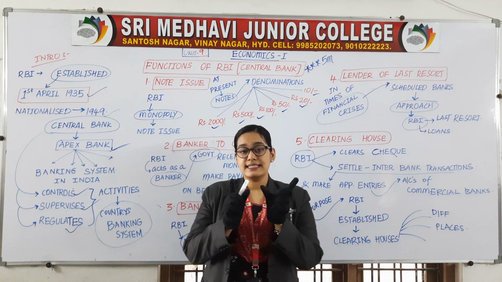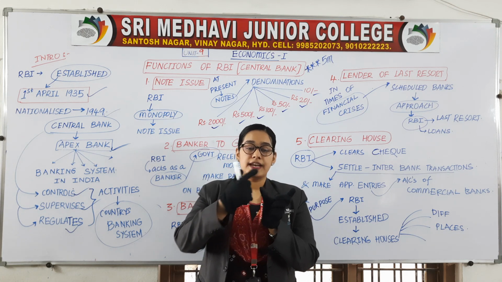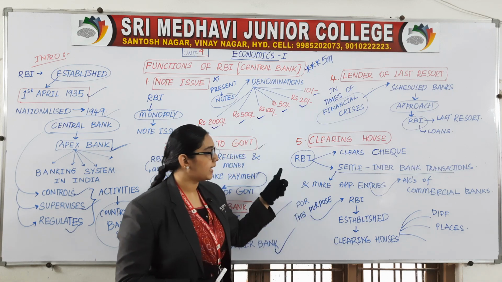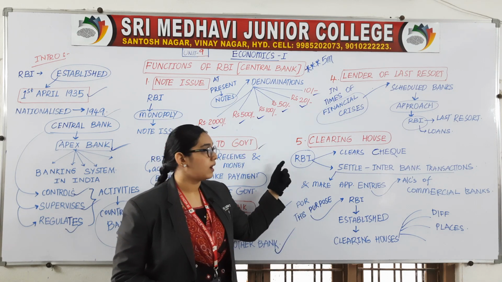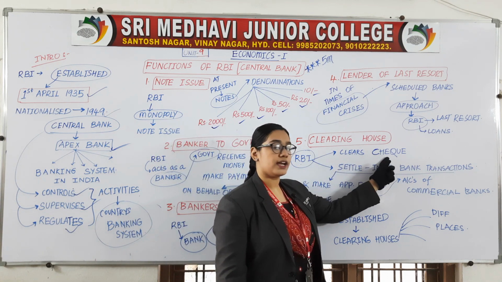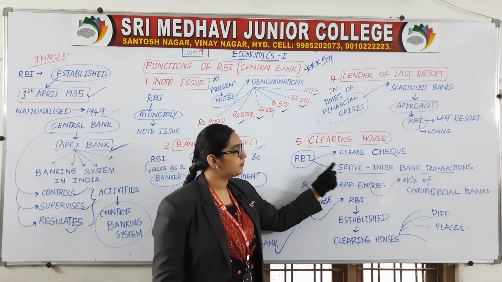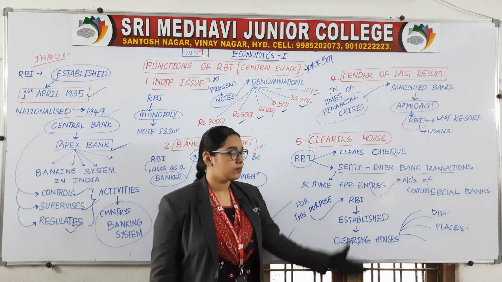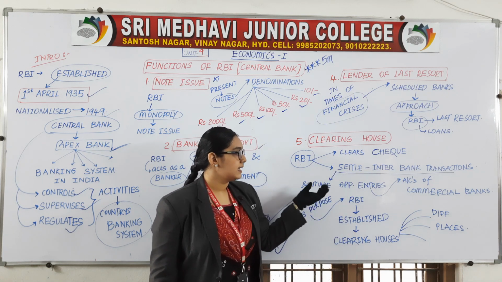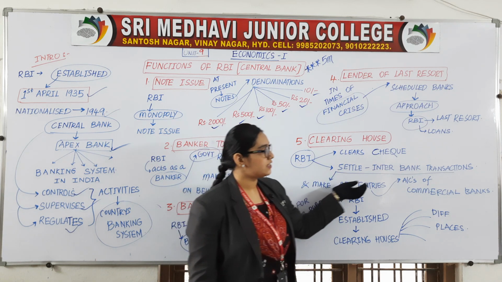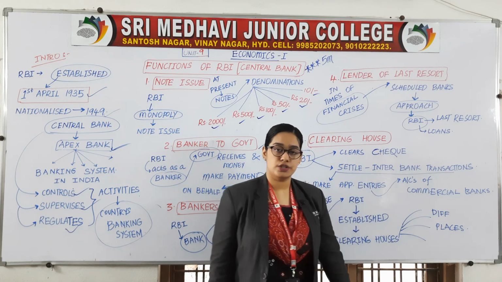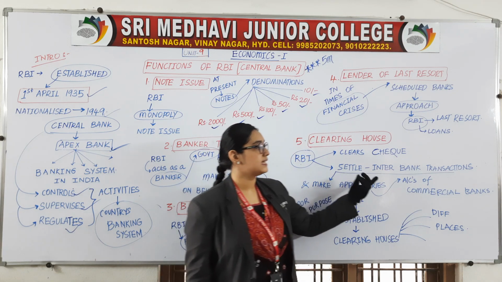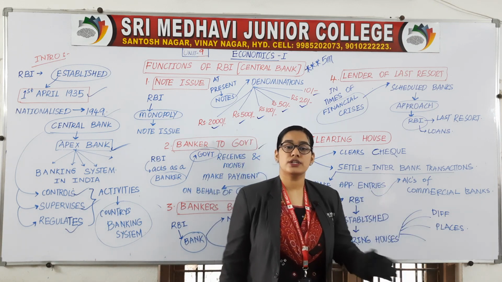So why is it taking this many days? There are certain account entries that are done by RBI. So RBI clears the check, and it also settles interbank transactions. Because of this, it makes the entries in the accounts of commercial banks.